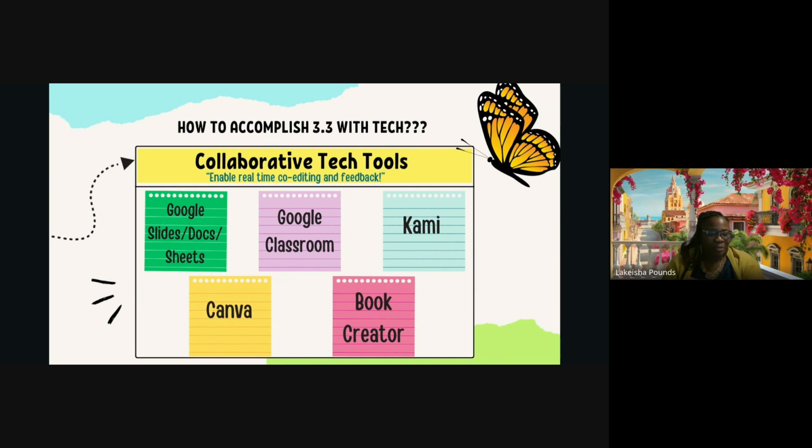The book creator was me throwing a little spin on y'all. These are tools I've seen used in the classroom, and hopefully you are using them not only so students can do things by themselves, but also so they can collaborate and give feedback to each other. So that is how you would accomplish tech with 3.3.